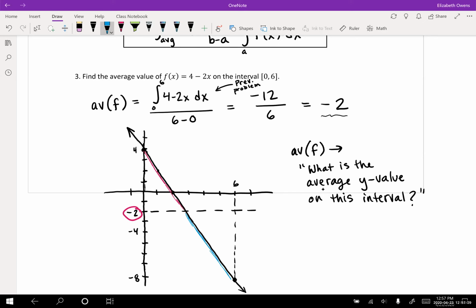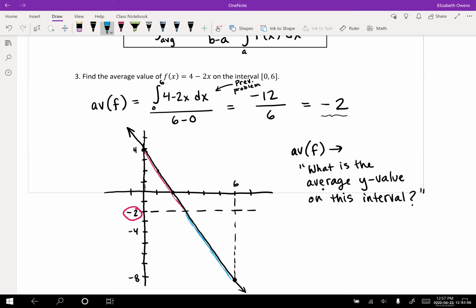So if we were to combine all the, well, really there's an infinite number of points along this part of the line, because you can take points ever so close to each other. If you added together all the y values for the points that make up this section of the line, and you divided by that number of y values, you would end up with negative 2.